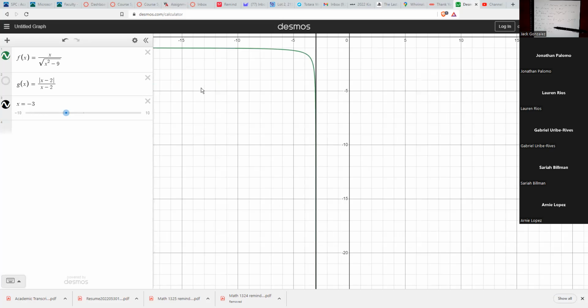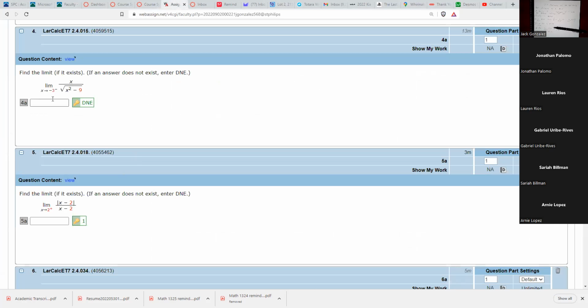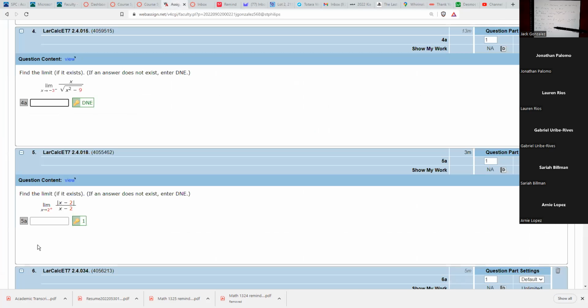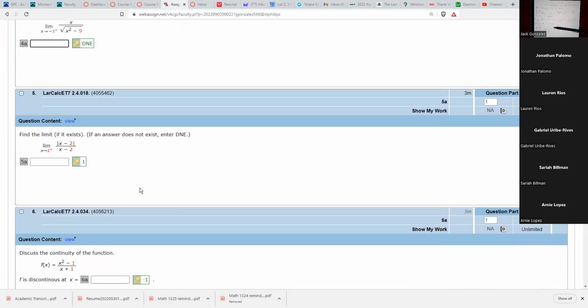You could say your limit is negative infinity, which is fine once we get to infinite limits. But this limit does not exist, or I would also accept negative infinity. Does that make sense? You see how the Y value just shoots out forever. Okay.